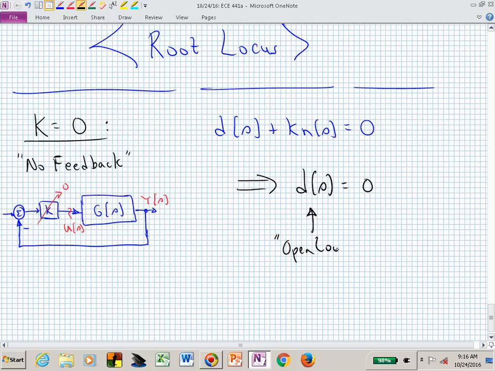That was simply where we had our original poles, or the open loop system poles. That's what was D of s in our transfer function. So we're starting our root locus pattern right at the open loop poles. That shouldn't be too difficult to understand. We don't have feedback. All we're doing is living with the system that we're given. We're using the open loop poles that we started with.